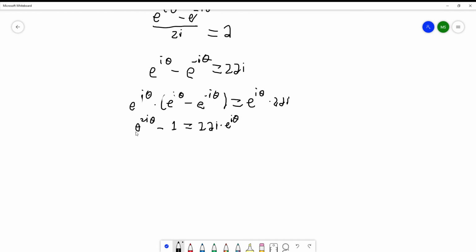Now this is actually a quadratic equation in terms of e to the i theta. So we call e to the i theta u. So we say u squared minus 1 is 2aiu.